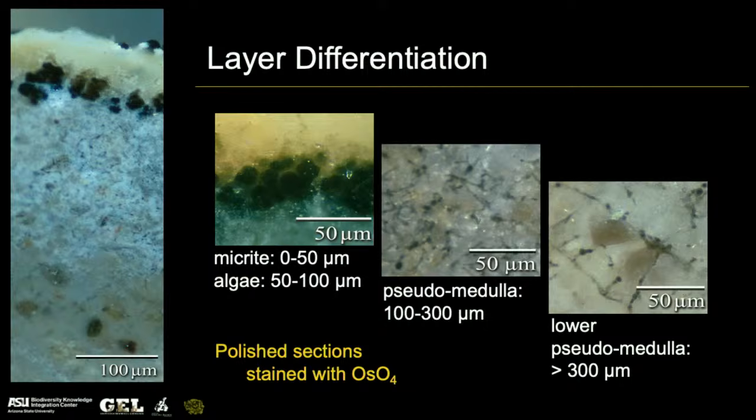There's a micrite layer, a little layer of newly formed limestone on the top. Then there's this algal layer stained black by osmium tetroxide, otherwise it would be green. Then you have this pseudomedulla, where the hyphae actively grow into the rock, and then you have this lower layer where the rock hasn't been penetrated yet.